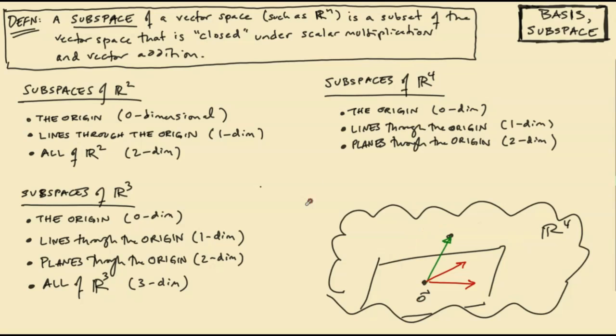But it won't be, as it was in the case of R3, the entirety of the space. It will just be one three-dimensional space in R4. In other words, it will be a three-dimensional hyperplane in R4. And of course, it will pass through the origin. Those are our three-dimensional subspaces of R4.